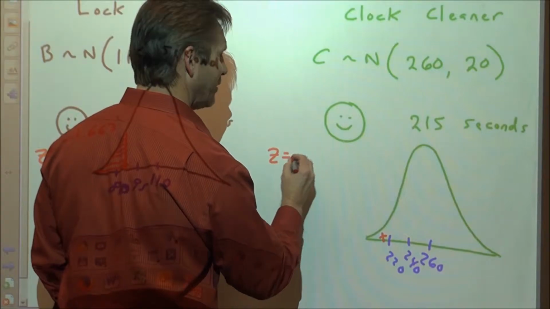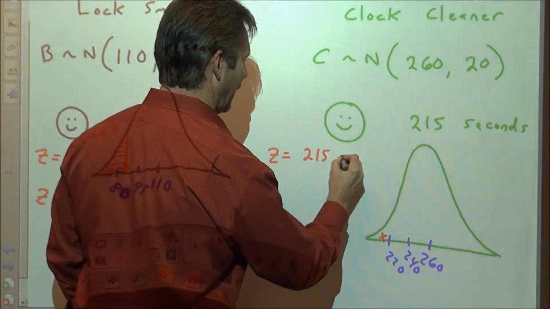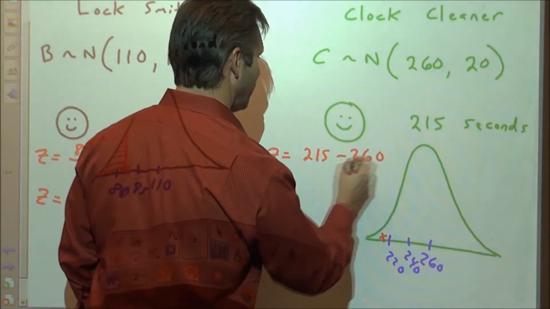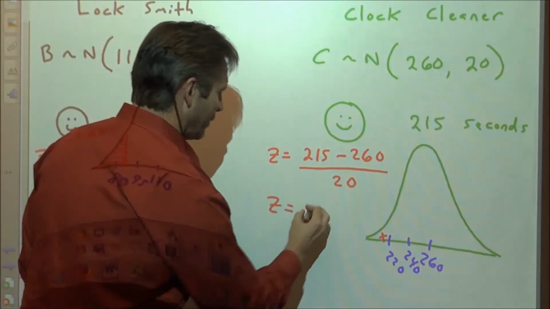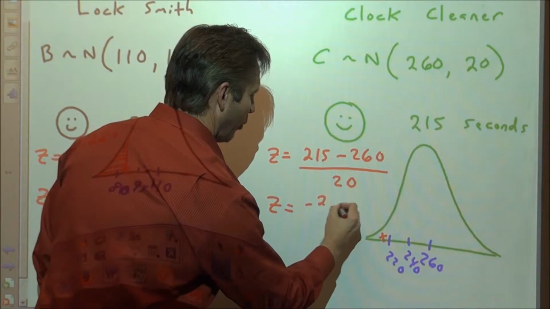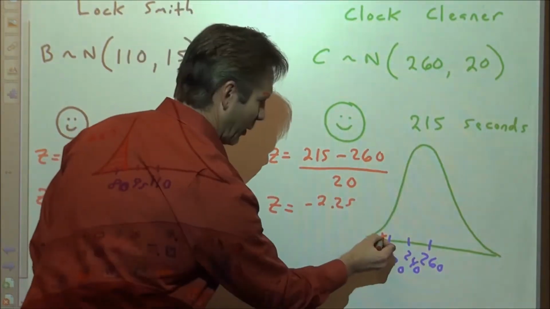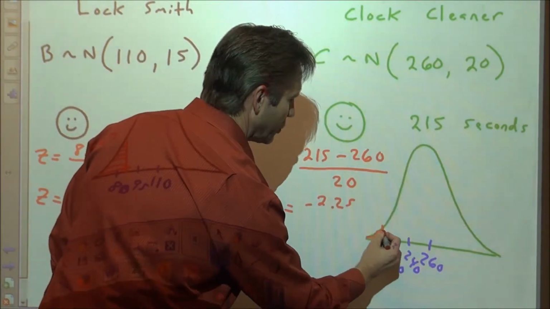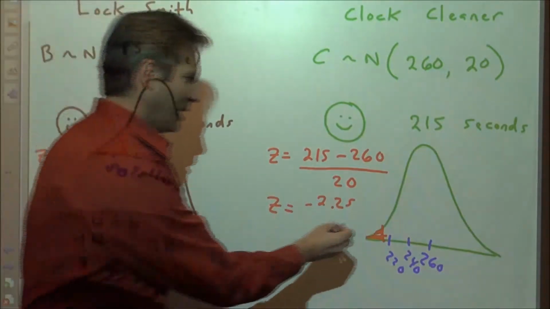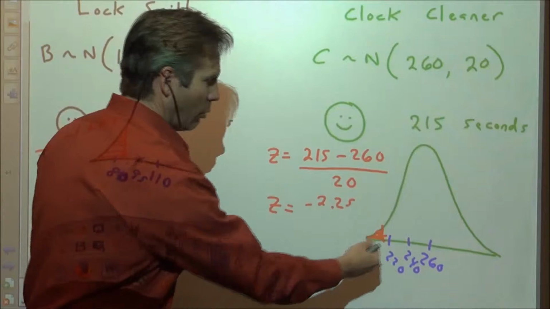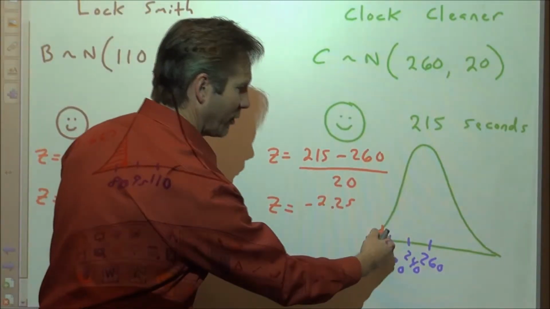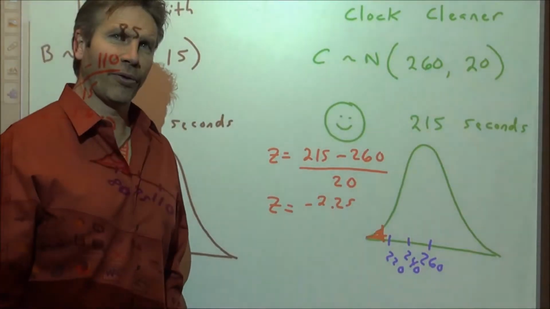If we find his z-score, it's x minus mu divided by sigma. His z-score is -2.25, so he's 2.25 standard deviations below the mean. That's a more unusual result because there's a very small percentage of the time in a normal distribution when you get a result that's more than 2.25 standard deviations below the curve.